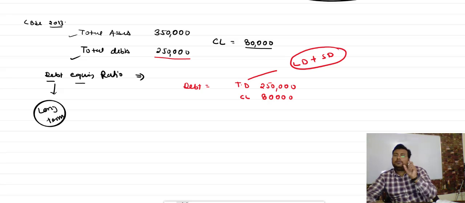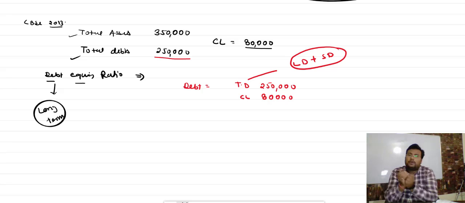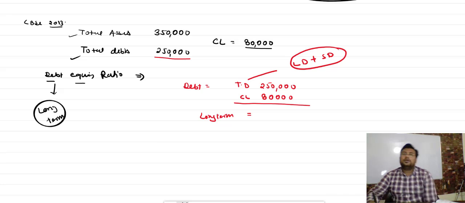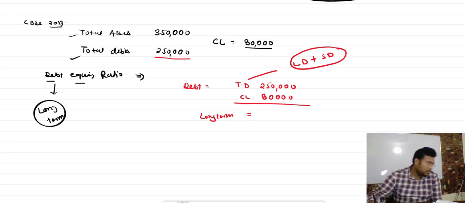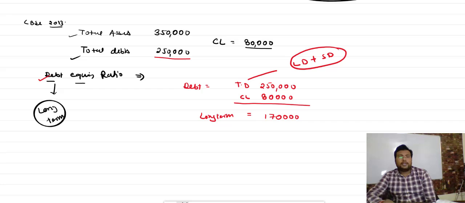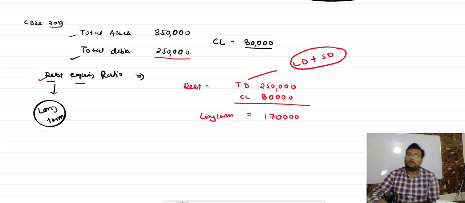If we know that total is 2,50,000 and our short term is 80,000, what will be the long term one? 2,50,000 minus 80,000 will be 1,70,000. So for calculating the debt equity ratio, our debt, long term provisions plus long term debts, is 1,70,000.